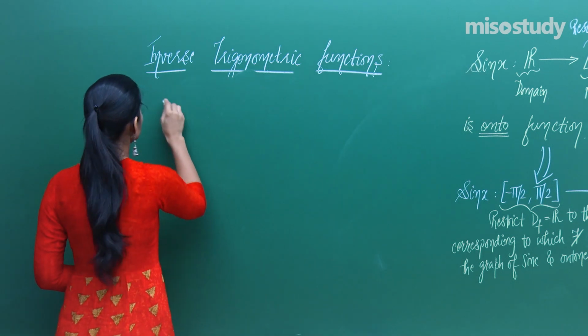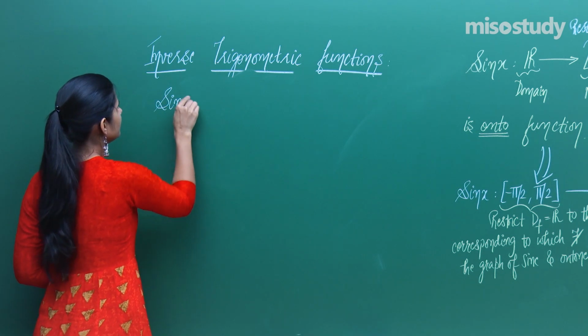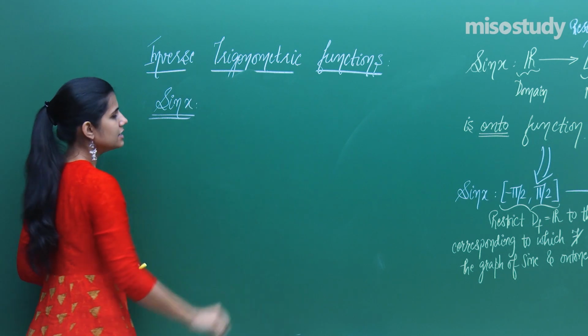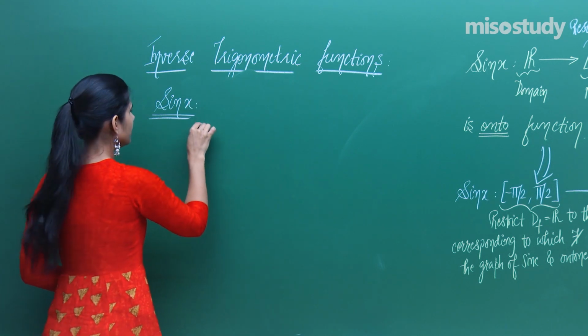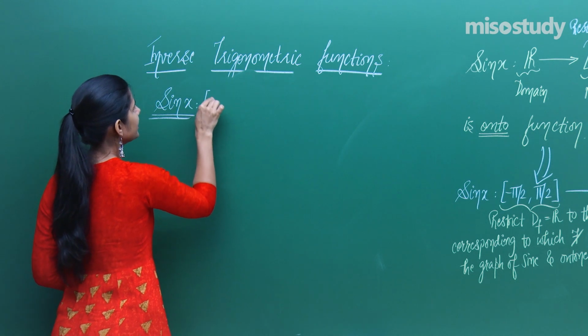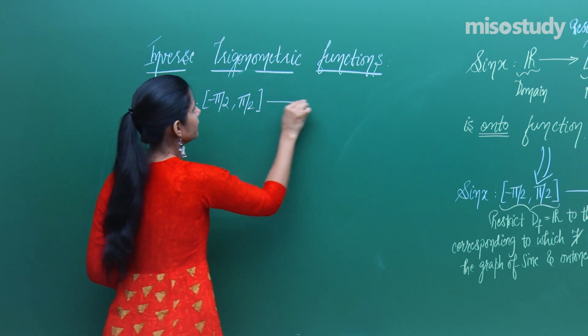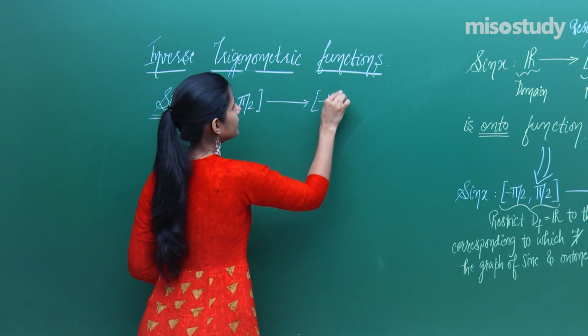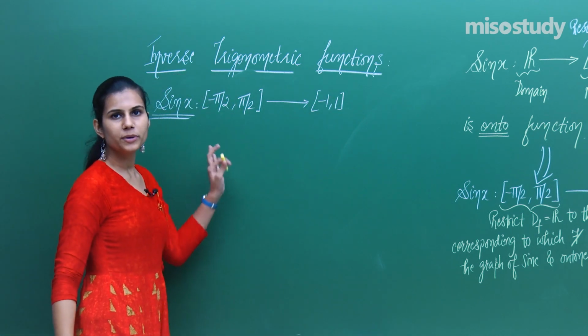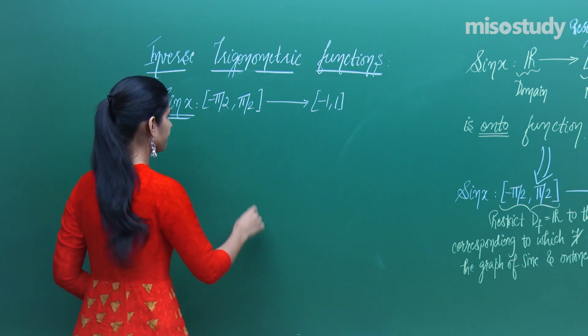So, sine x, I am only interested in drawing sine x from the minus pi by 2, pi by 2 closed interval to minus 1, 1, because only from here to here it is bijective.